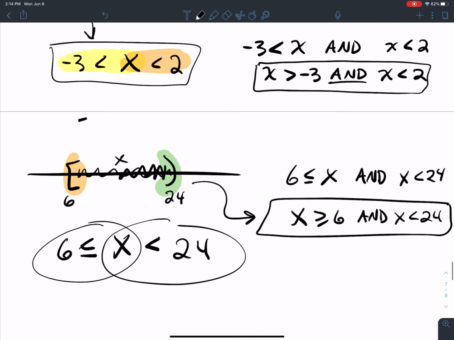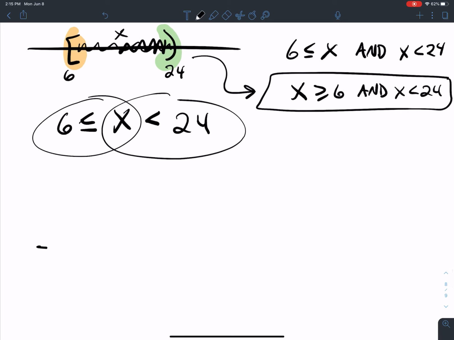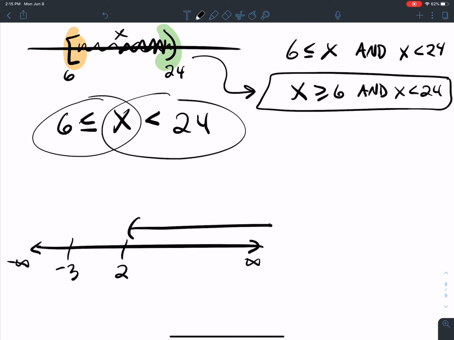All right, so interval notation, 6 to 24. All right, let's try another one. Say I have the scenario I've got from -3 to 2, okay? And then out to infinity, and then -infinity this way. So I'm graphing here, and I'm graphing here.